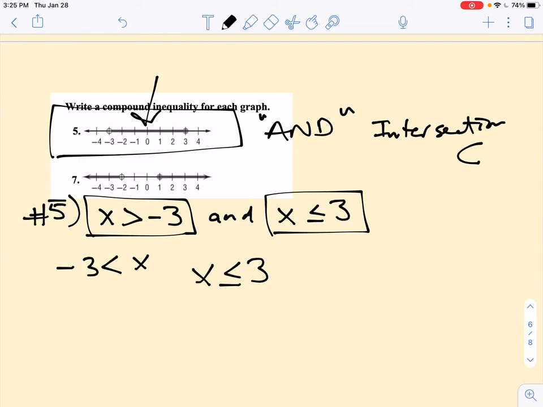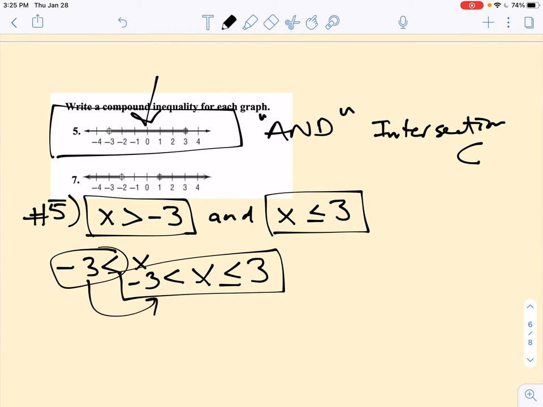Then you can glue that into there. So you have a compound inequality that says x is greater than -3 and also less than or equal to 3. And that gives us this graph, and we're in good shape.